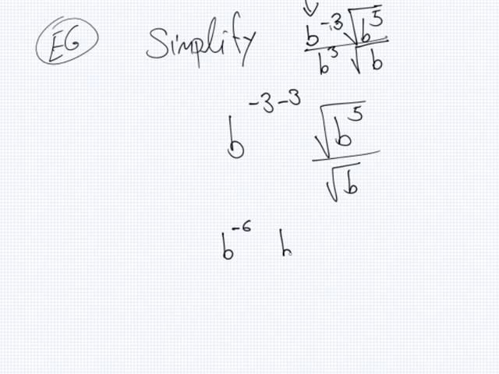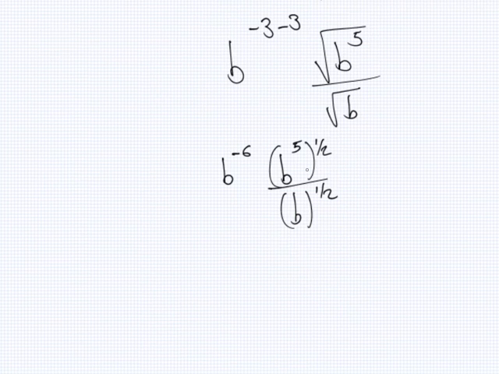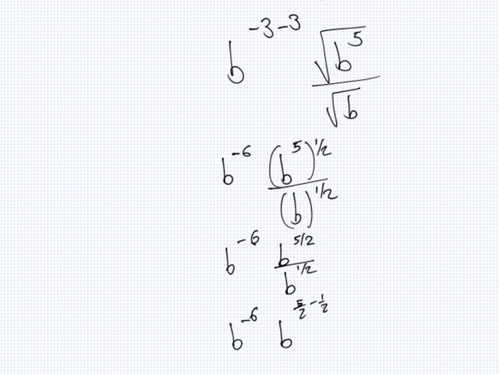Now the root, when you have square root, that's power a half. And here when you have square root, that's power a half as well. Okay, on the top, you get b power 5 over 2, and on the bottom you get b power a half. When we divide, we minus, so that would be b power 5 over 2 minus 1 over 2 is 4 over 2, which is 2.